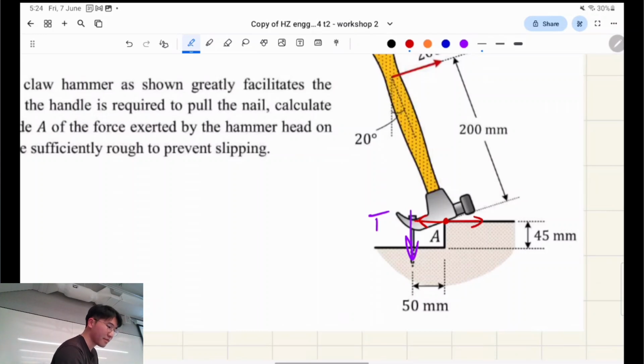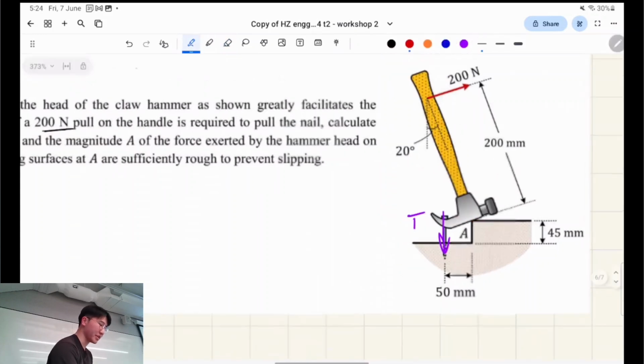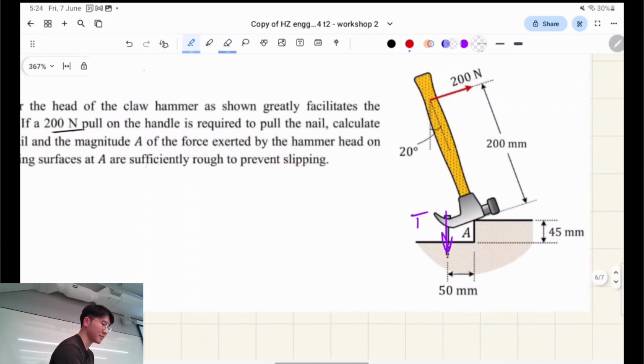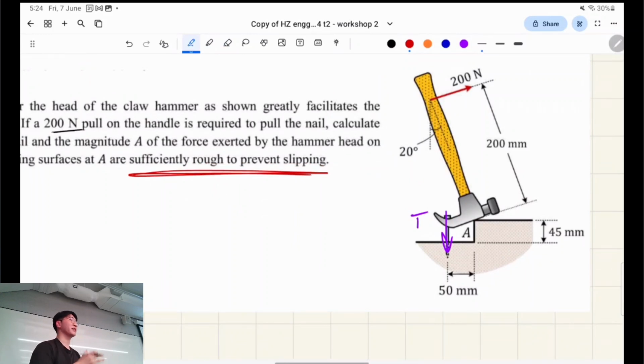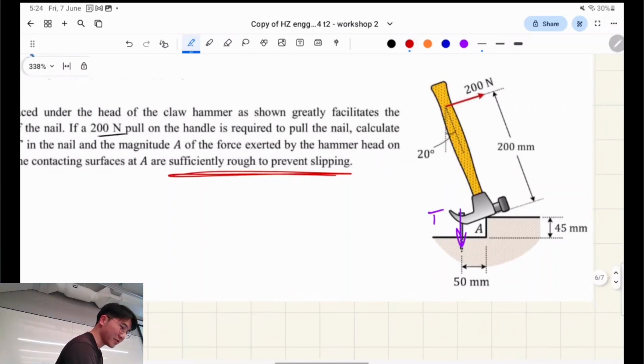You're right about the rotational one, right? But it's just saying that because it's sufficiently rough to prevent slipping, we assume that it doesn't move in this motion. But it's free to rotate. That's all. It's alright, because this is a bit of a weird question.